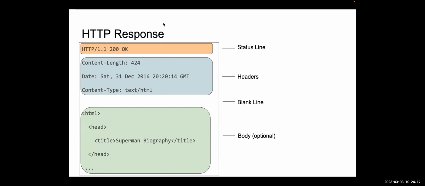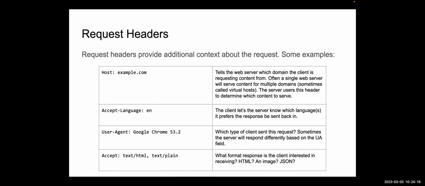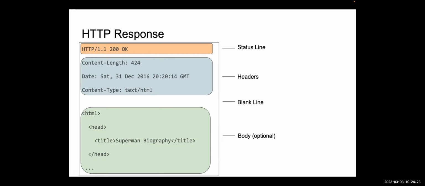Okay, so that was all about the request. You send the request to the server. What does it give you back? This is the response. It will give you a status line saying the protocol that it used, the status code, and what the status code means.